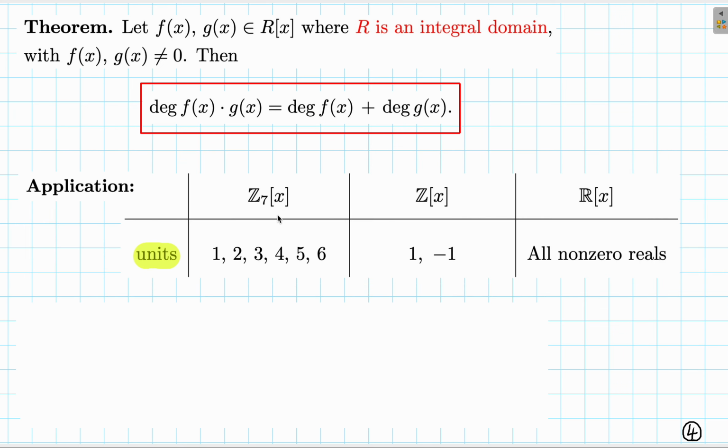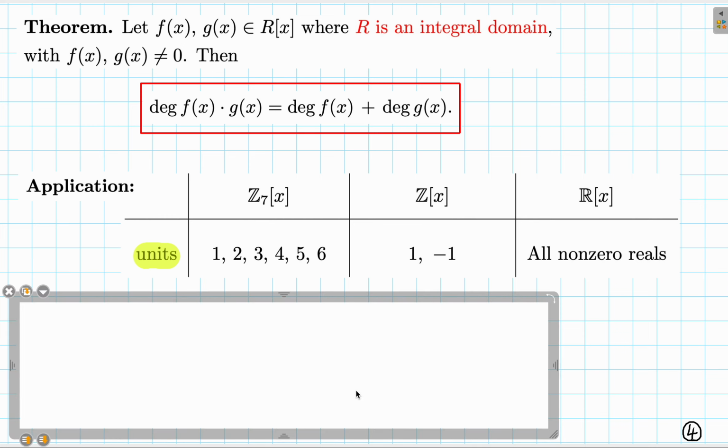We found that in Z7[x], the only units are the constant polynomials 1 through 6, which also happen to be the units of Z7. And likewise, in the polynomial ring Z[x], the only units were the constant polynomials 1 and negative 1, which again are the units of Z. And in R[x], the only units are the non-zero reals, once again viewed as constant polynomials, and those are also the units of R. So here's a generalization.